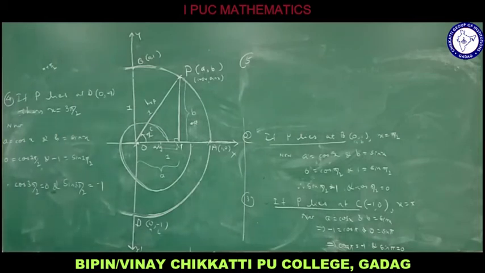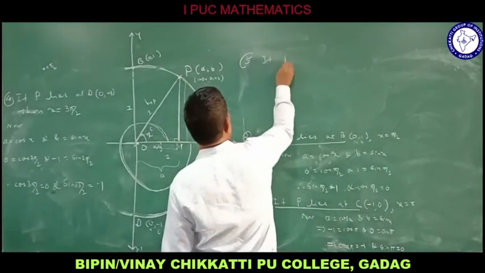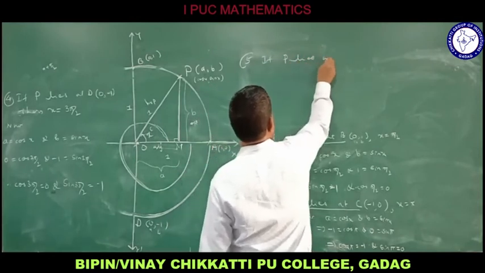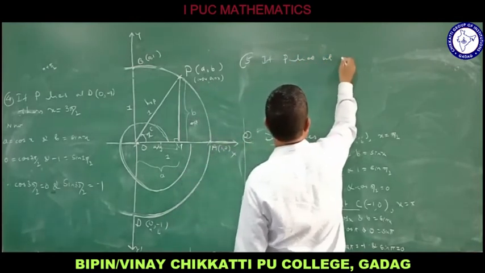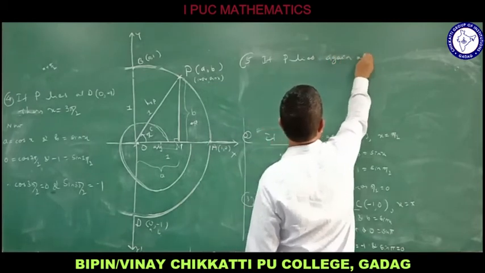So once again you see that same point A, and accordingly you can write the result here. So if P lies at A, once again number 5, P lies again at A.